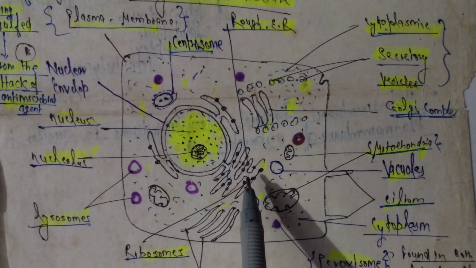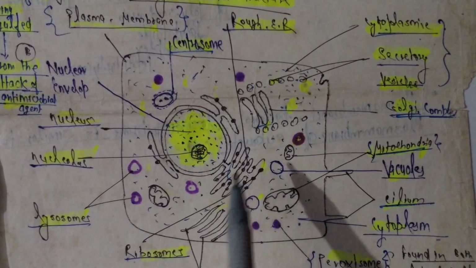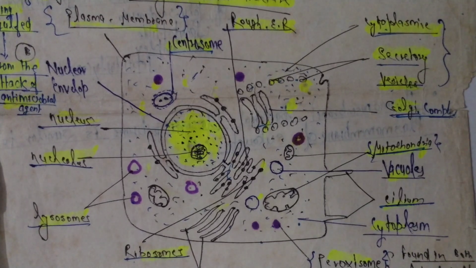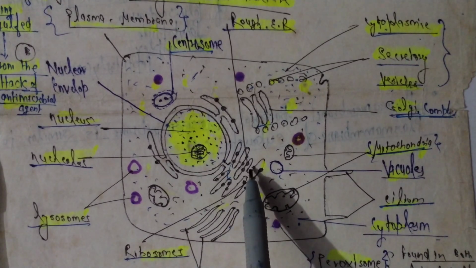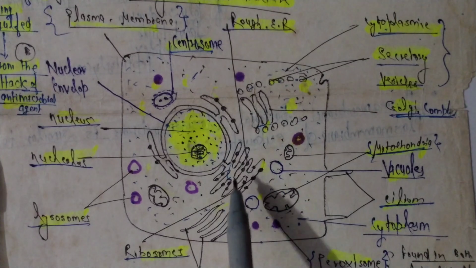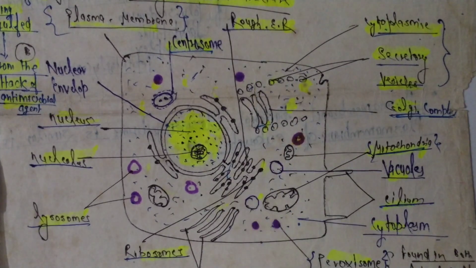Because ribosomes are attached over its surface, making the surface of the endoplasmic reticulum rough. These are the ribosomes attached over the surface, forming the rough endoplasmic reticulum.